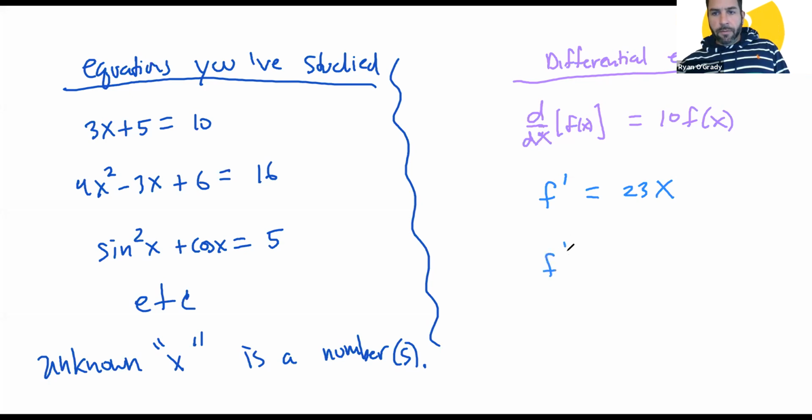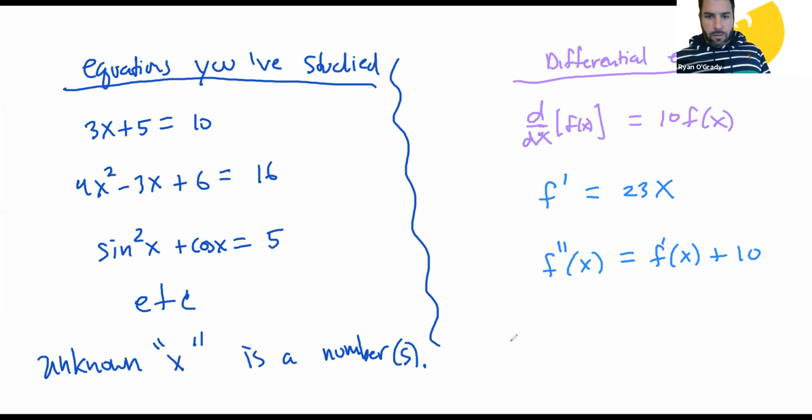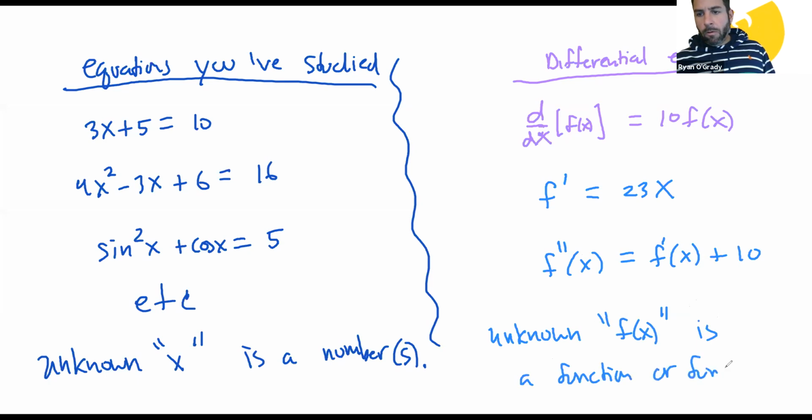Or maybe we have a function f whose second derivative is equal to the function's derivative plus 10. So here the unknown is the function. Or functions.